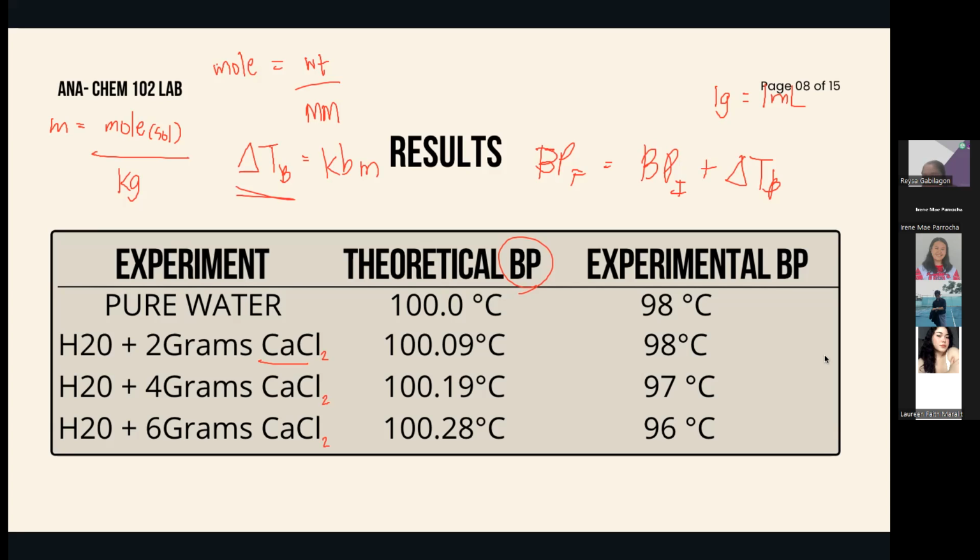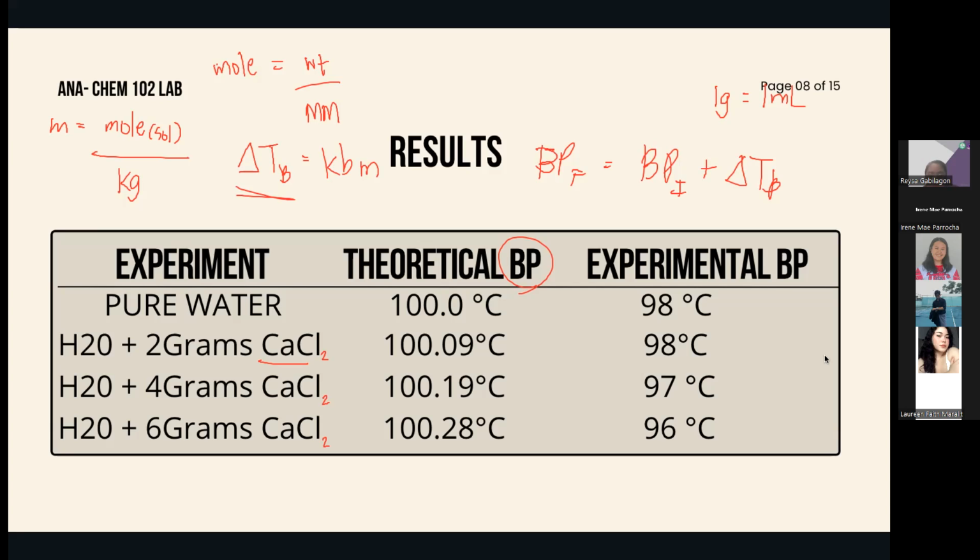And then meron din tayong environmental factors, the atmospheric pressure. Take note, when you say boiling point, the atmospheric pressure, the pressure outside your container or the environment should be equal to the vapor pressure of the liquid. So it may be due to the atmospheric pressure, class, hindi talaga siya maaabot ng 100 degrees Celsius.